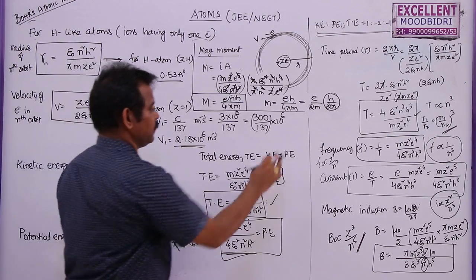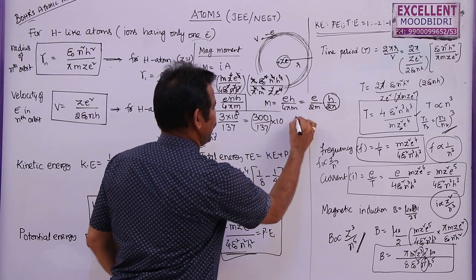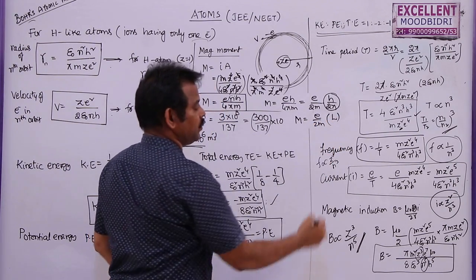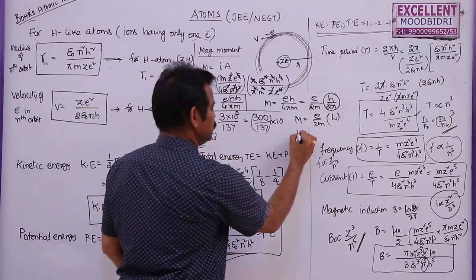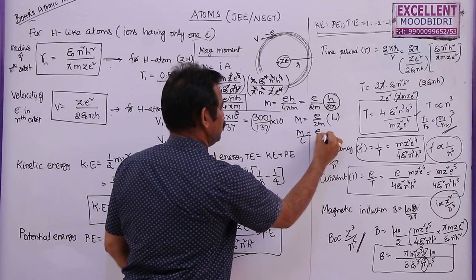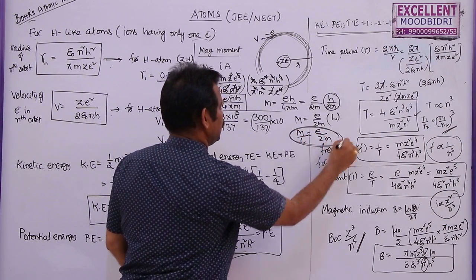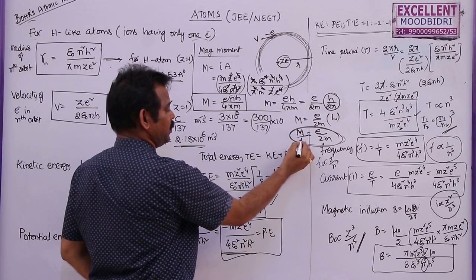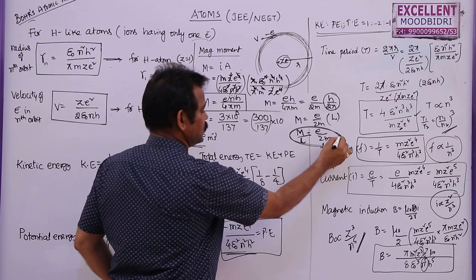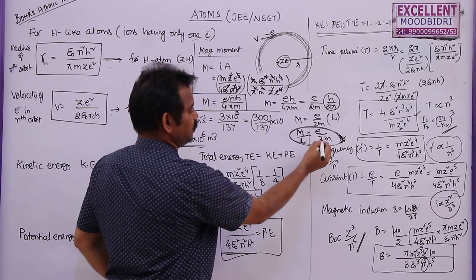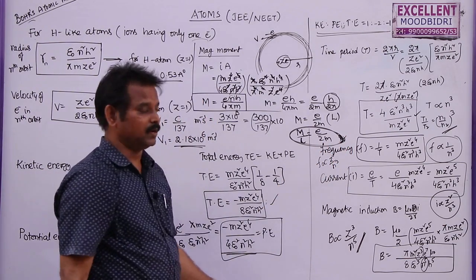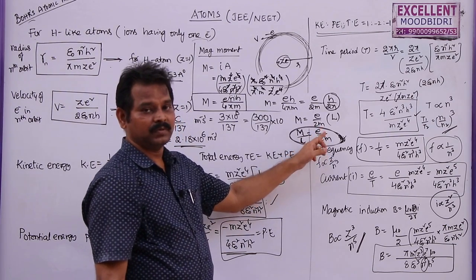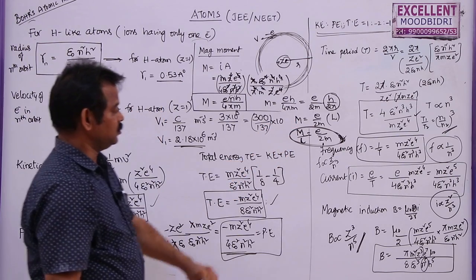If n is equal to 1, then you can write the magnetic moment as e by 2m into angular momentum of electron of the first orbit. So this ratio m by L is equal to e by 2m, the ratio between magnetic moment and angular momentum of the electron. That is equal to half of the specific charge of electron, 1 by 2 into charge of electron by mass of electron, and this is also constant.